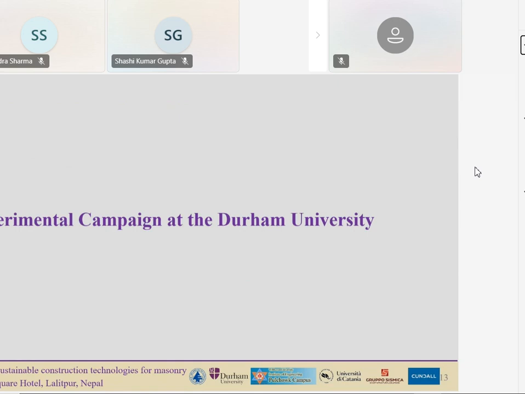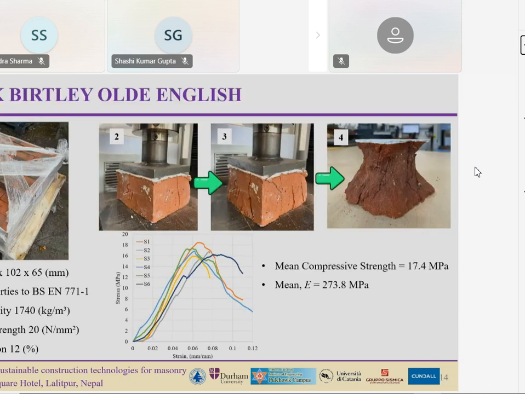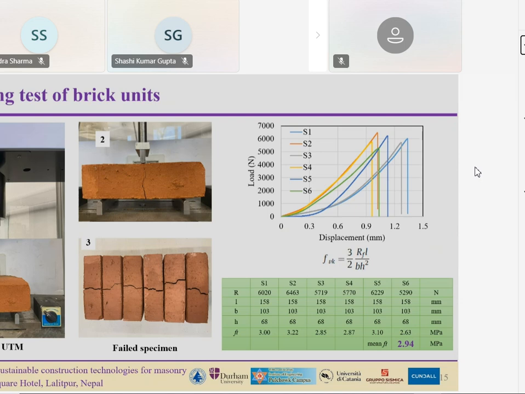So what we tried to do is some characterization tests at Durham University in our civil engineering lab. We identified some locally available brick types. We did a simple compression test just to characterize the compressive strength. Then we did some 3-point bending tests to study the flexural behavior.